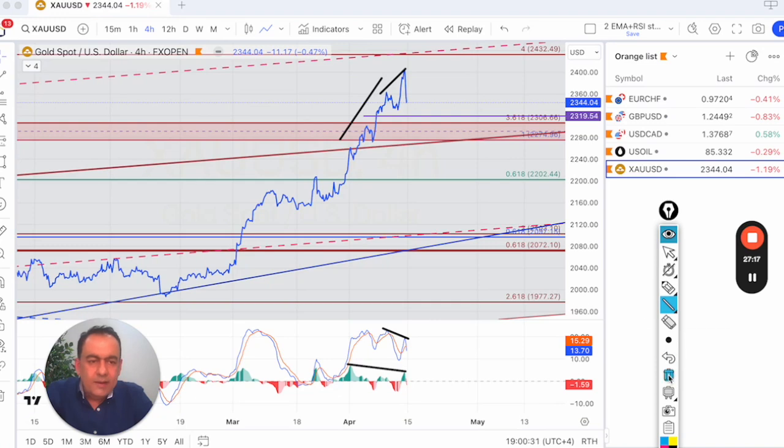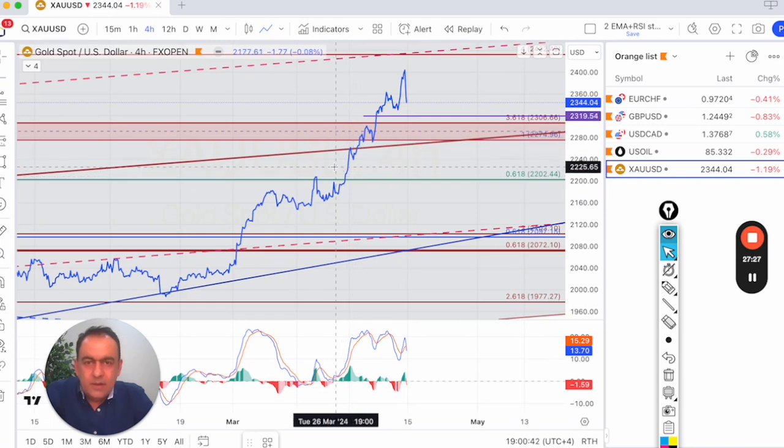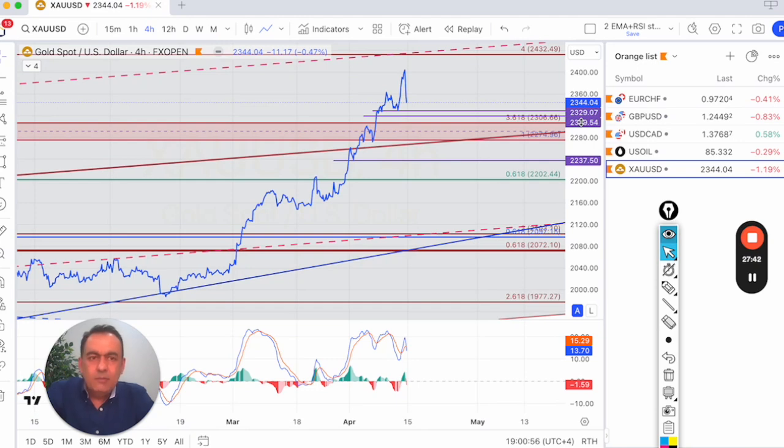For the wider divergence, the lowest point to be broken by the sellers is around 2236. And for the narrow divergence between the last two highs, we do not have the BOS yet. This BOS will be completed once we get a break below 2330 or 2329.